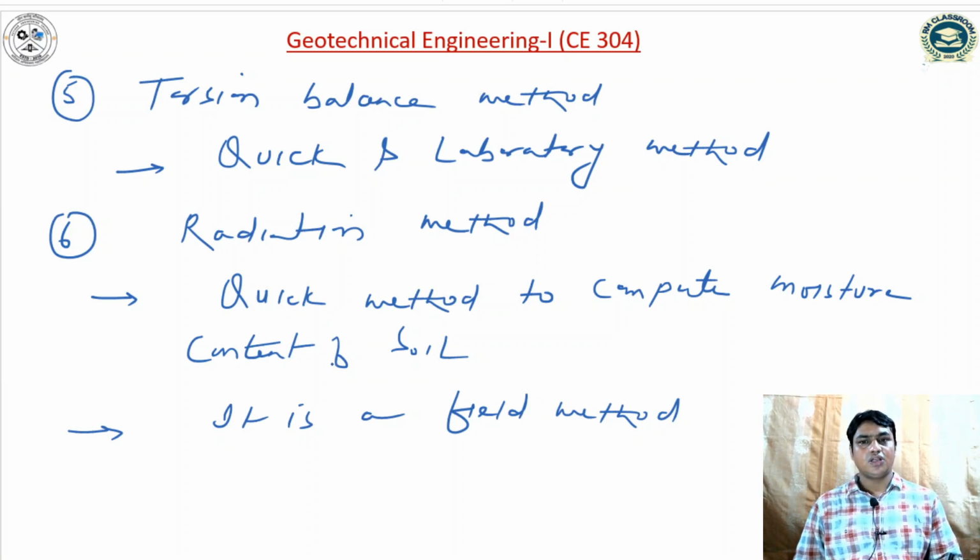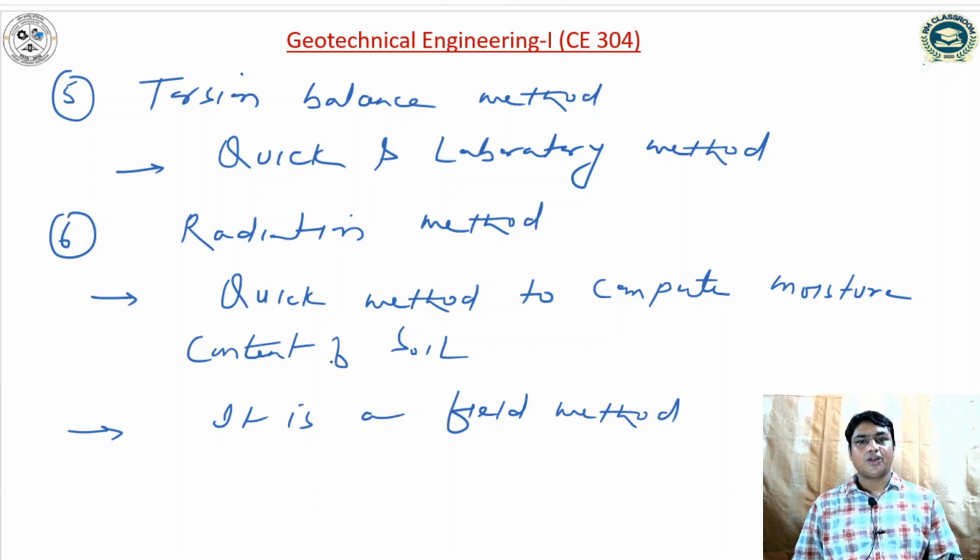After that empty the bottle and completely fill it with water, say it is W4, that is weight of bottle plus water. So the water content can be computed as W2 minus W1 divided by W3 minus W4 into G minus 1 divided by G minus 1 into 100. Then you will get the value of moisture content.